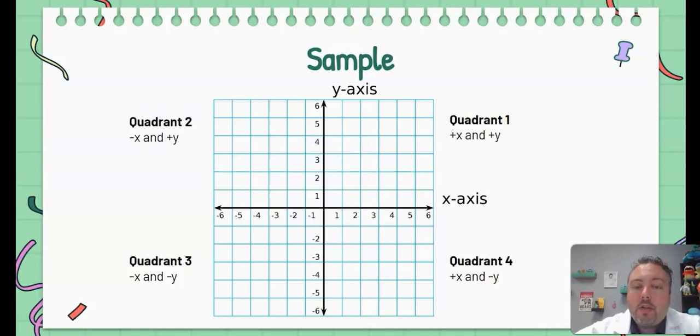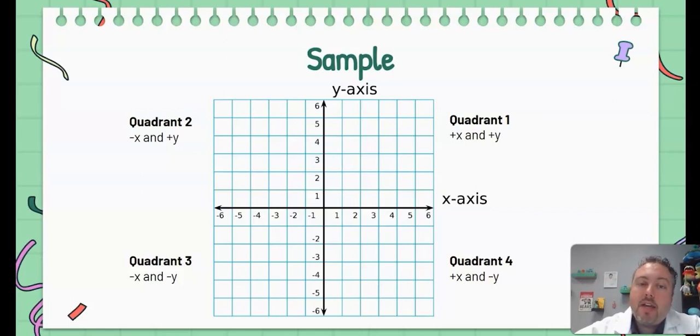Now, the axes also break up the plane that they're sitting in into 4 quadrants. And these 4 quadrants are 4 other regions where there are similarities. So in quadrant 1, both the x coordinates and y coordinates will both be positive. Quadrant 2, negative x coordinates but positive y.